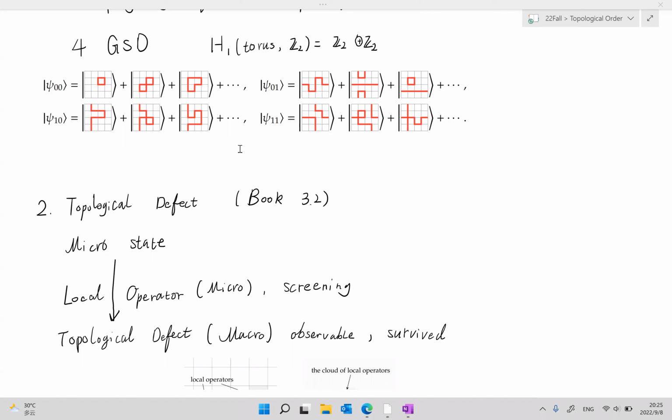Actually, these loops can't be observed. No, they could be observed by using loops. Such an uncontractible loop is some global observable. It depends on the topology of your manifold, but here the topological defect does not depend on the topology.